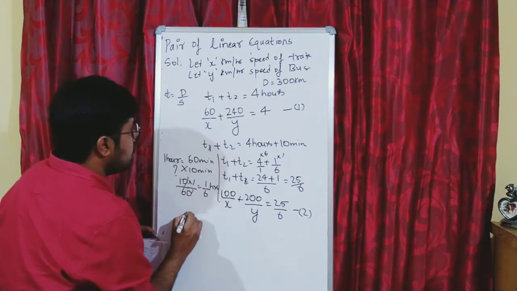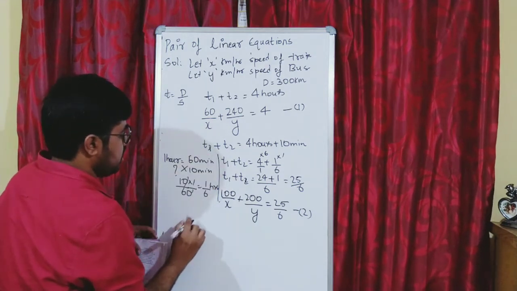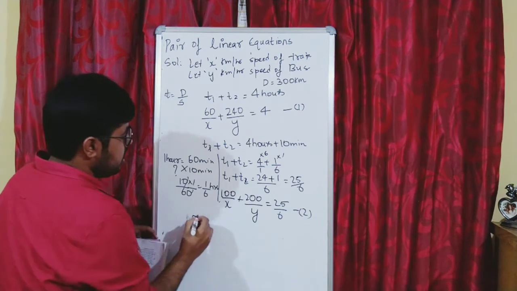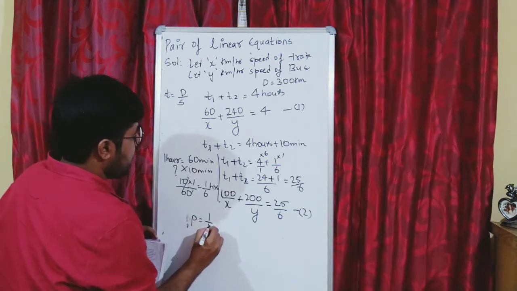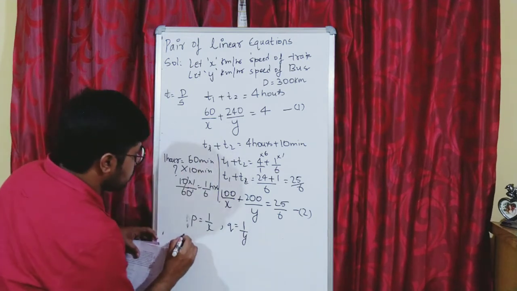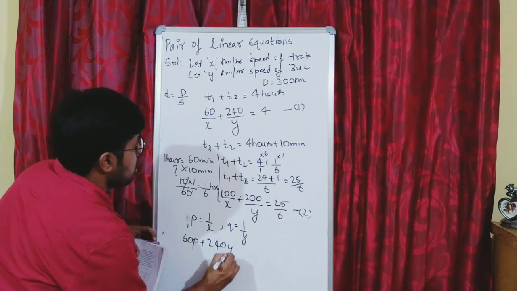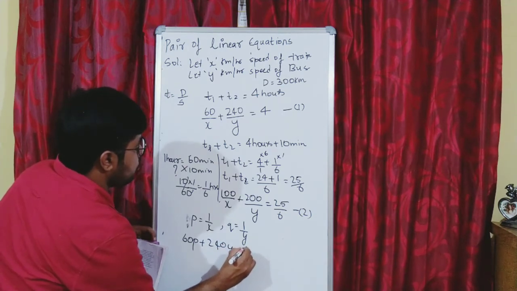Let us first make it a linear equation. Let p be equal to 1 by x and q equal to 1 by y. Therefore the equation reduces to 60p plus 240q minus 4 equal to 0.